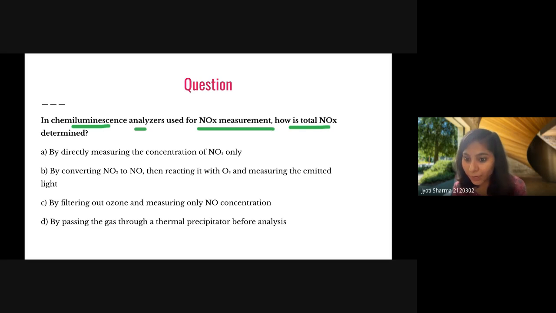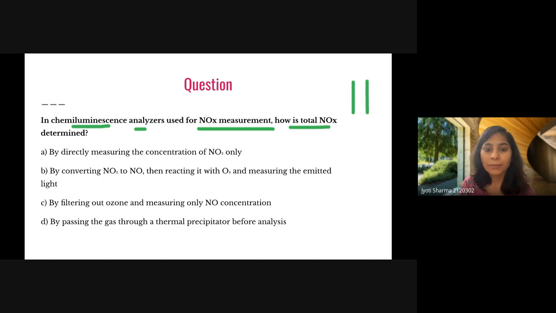Okay, Pradeep asked me a question. Can we say that stack sampling is only for point source of emission? Yes, you are exactly right, because this will be part of point source. For example, this is your chimney, and here we can use some filter, or here we can use some sensor.